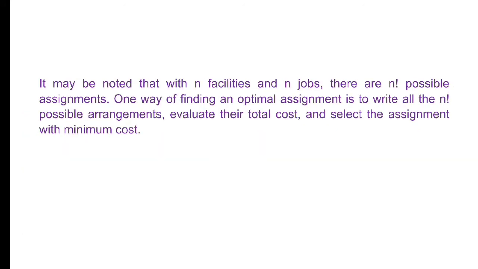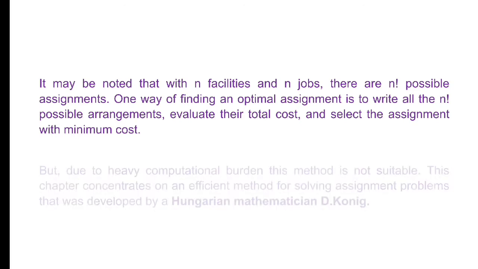It may be noted that with n facilities and n jobs, there are n factorial possible assignments. One way of finding an optimal assignment is to write all the n factorial possible arrangements, evaluate their total cost, and select the assignment with the minimum cost.